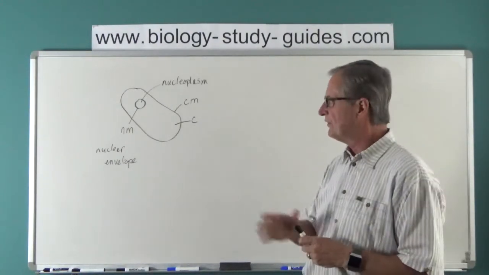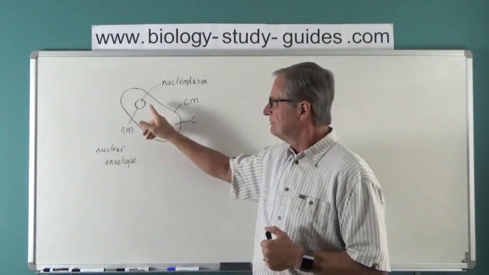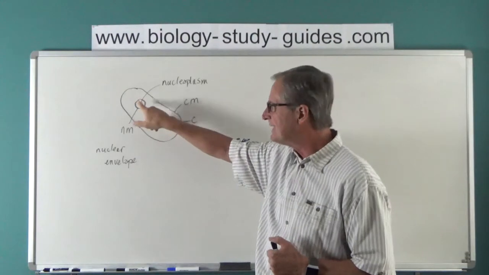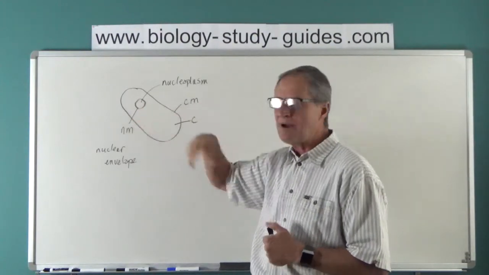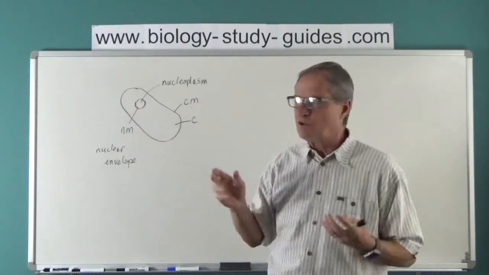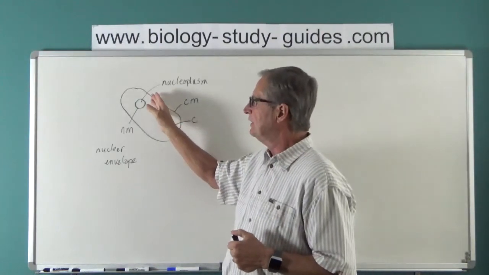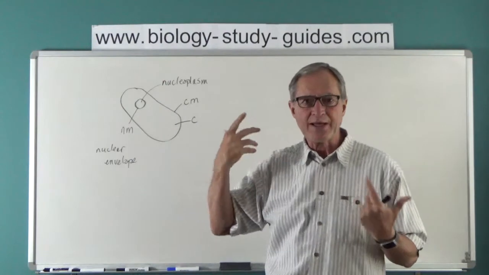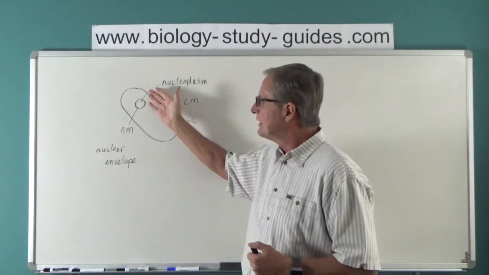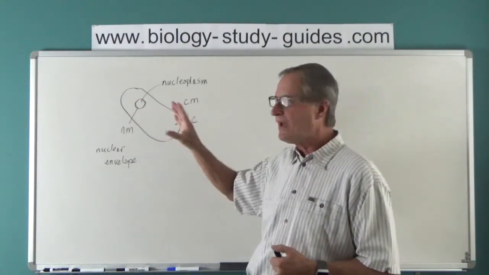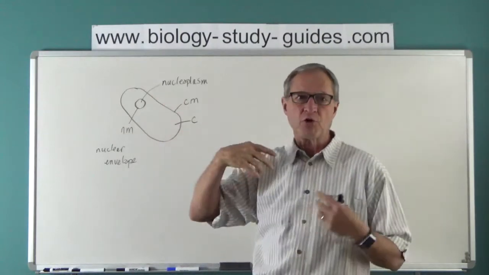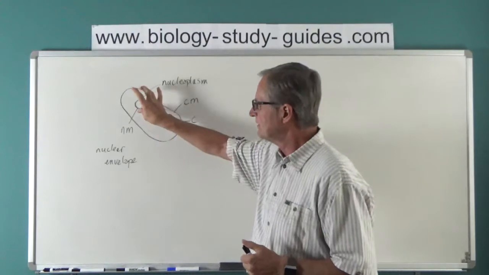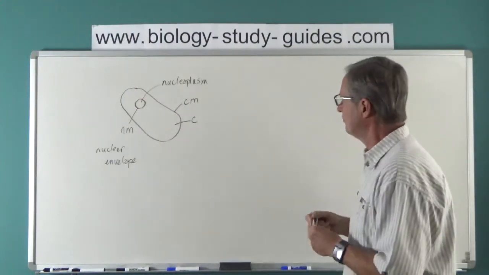What we have with a nucleus is the control center. This part of the cell, inside here, contains the biochemical machinery, if you like, that has the ability to control everything that goes on in the cell. The way it does that is through chemical communication. But we have to look more closely at its structure before we can understand any of that. So I'm going to take this nucleus and represent it over here.